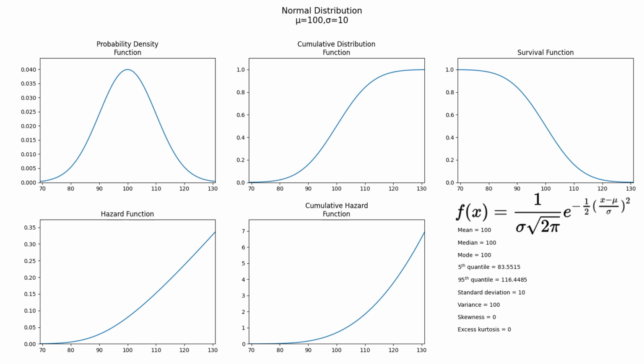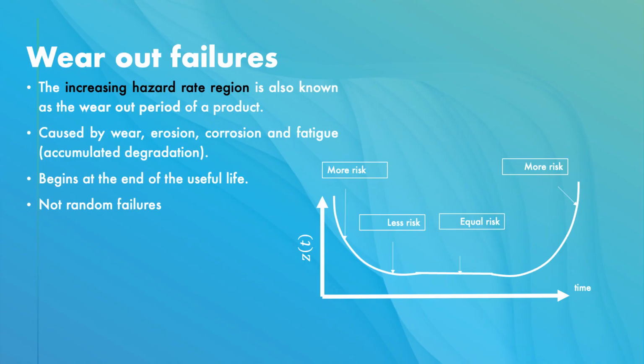For that reason, we can apply it to wear-out failures, where wear-out failures is basically a region after the random failure period, where wear, erosion, corrosion, and even fatigue can accumulate degradation that essentially can cause a failure, and the risk is increasing with time.